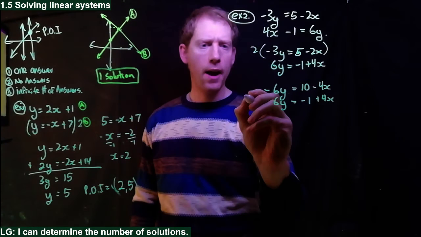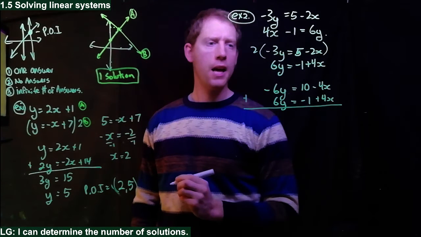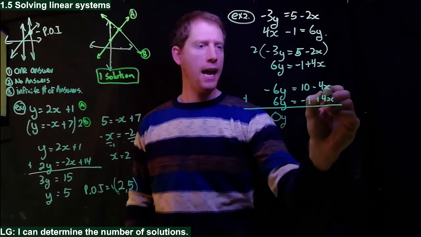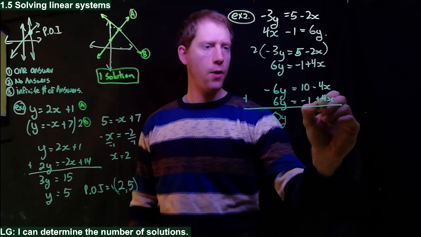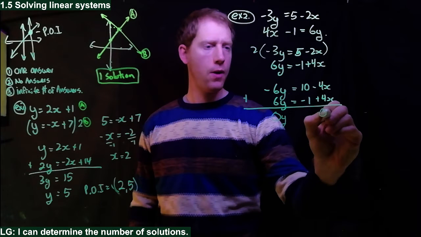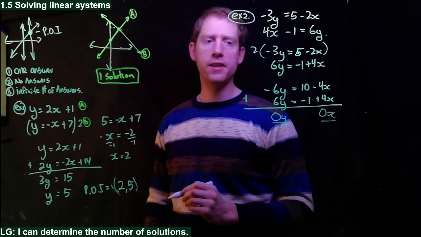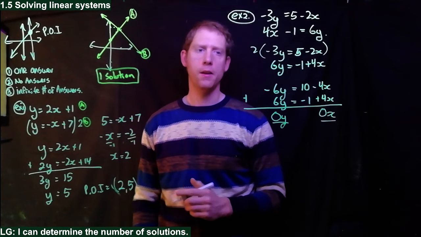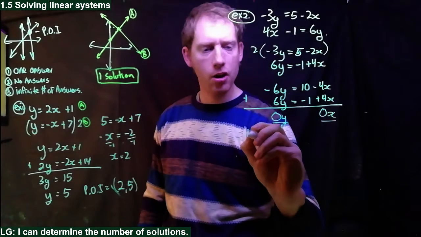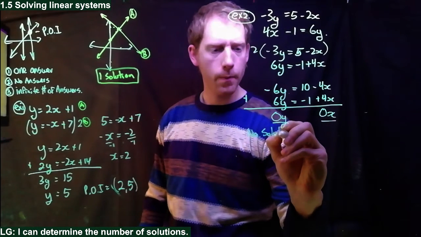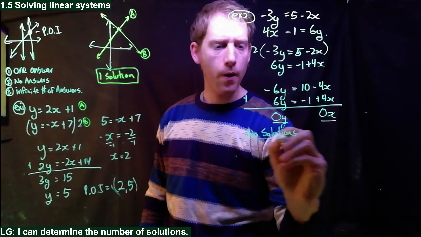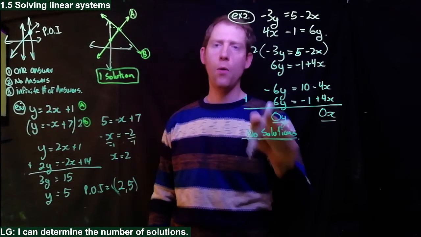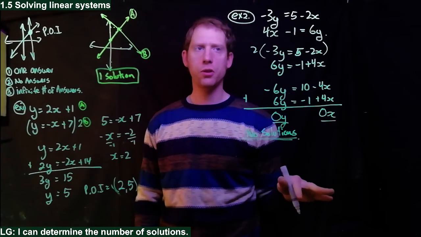Now, if I add this, tell me what happens. Look at this. We get 0y here. And if I add this together, this is negative 4x and this is plus 4x, we get 0x. If I get 0, 0, what does this mean? It means that there are no solutions. If I get 0y and 0x, it means there are no solutions.